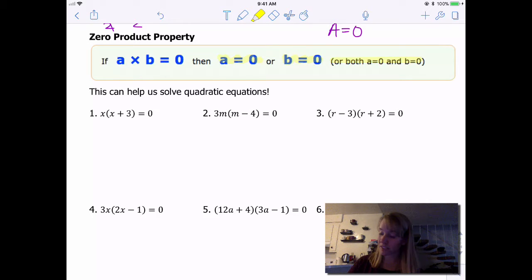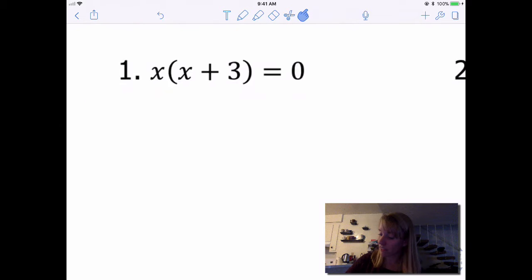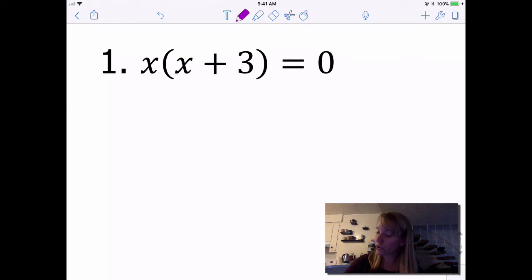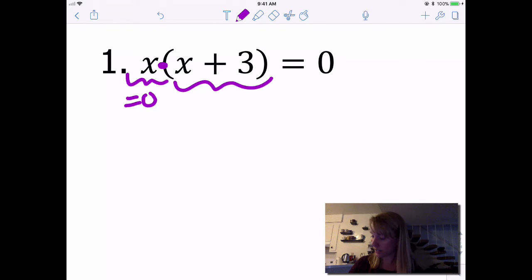In practice, what this is going to mean is if I have two factors and their product equals 0, I know that either this one has to equal 0, this one has to equal 0, or both.